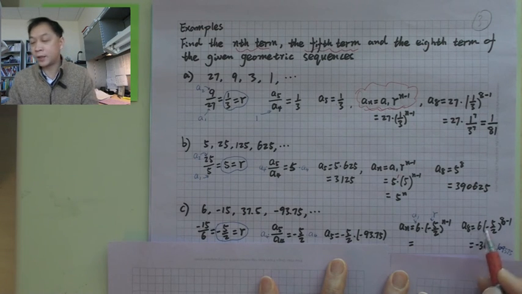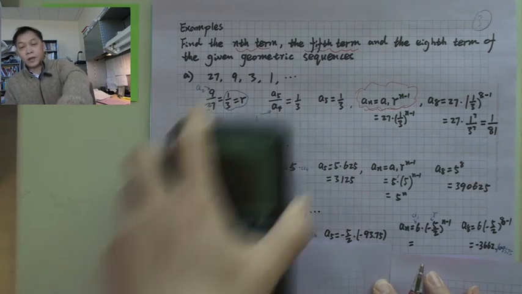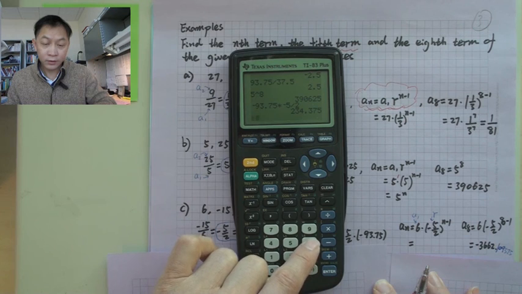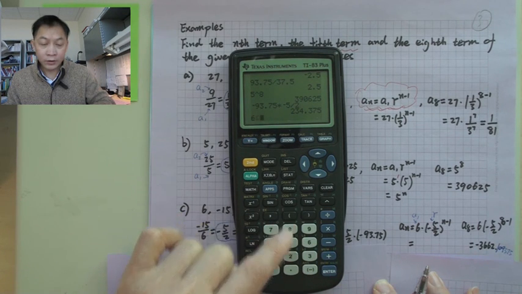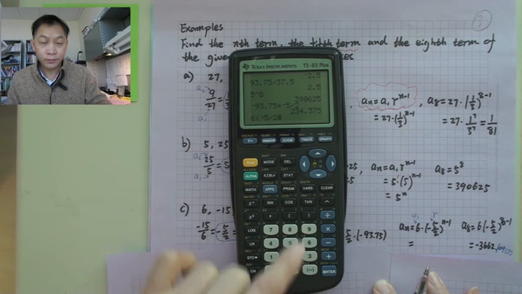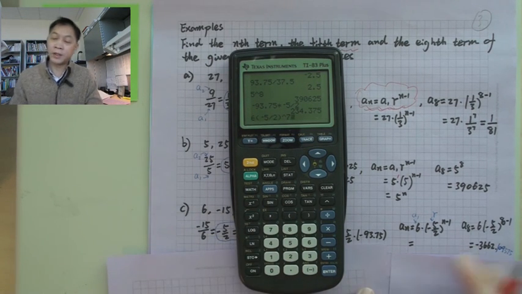So you can use a calculator to do this one. Let's use the calculator here. 6 times negative 5 divided by 2 to the 7th, because 8 minus 1 is 7.